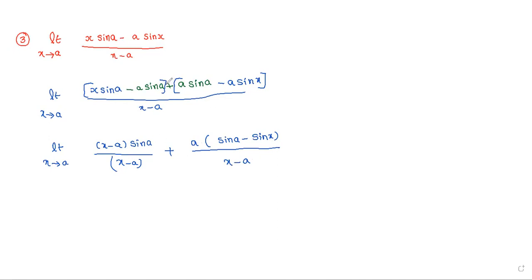Write the different terms; the denominator is the same. The x minus a cancels. Limit x tends to a, sin a plus. So what is the formula now?